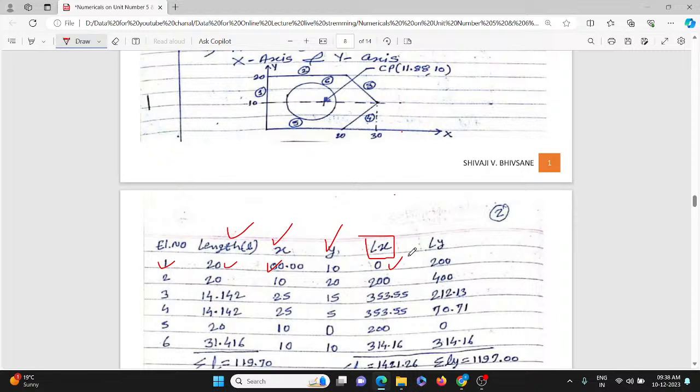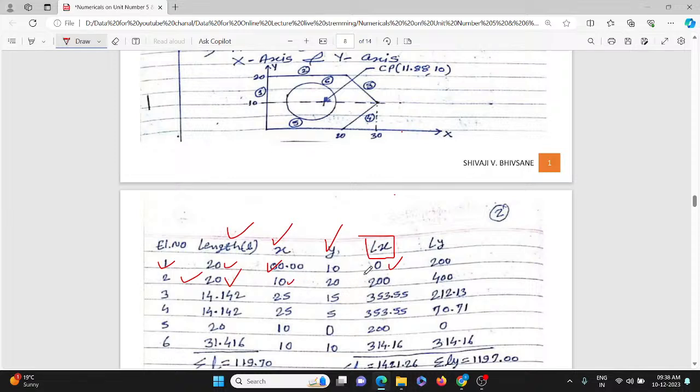Then for element number 2, the length is 20 and x is 10. So 20 multiplied by 10 is equal to 200.